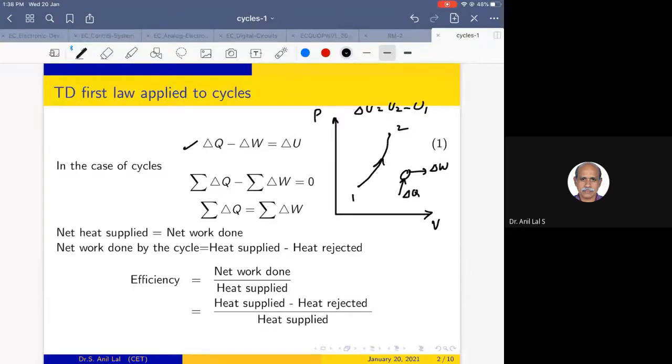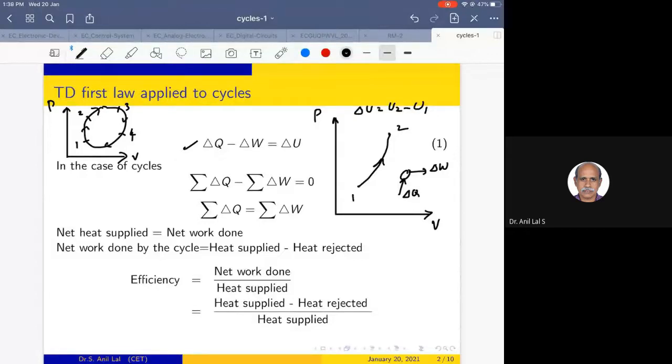So basically, when it comes to a cycle like this, again on some PV diagram, we may have it like this. The system starts from a point 1, it goes to state 2 through a process, 2 3 another process, 3 4 another process, like that.